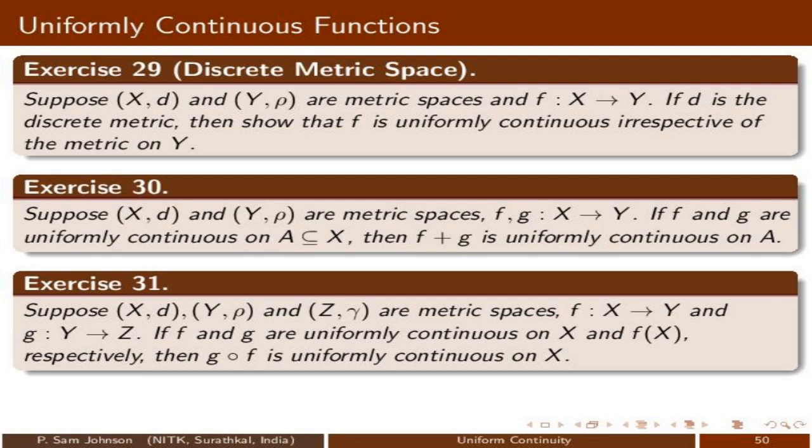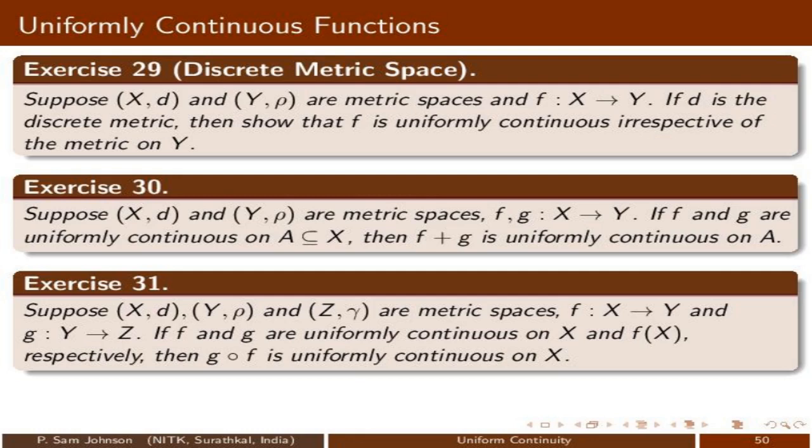And if you choose a discrete metric on X, suppose there are two metric spaces and f is a function from X to Y, but we choose d to be a discrete metric, then f is uniformly continuous irrespective of the metric on Y. Because if you choose any delta, the distance between x and y being less than delta, with delta less than 1, means x and y are the same.